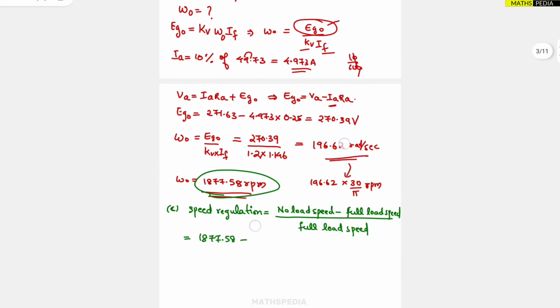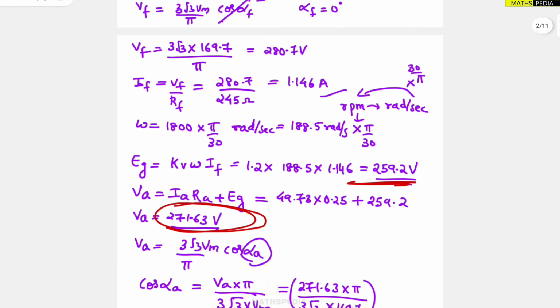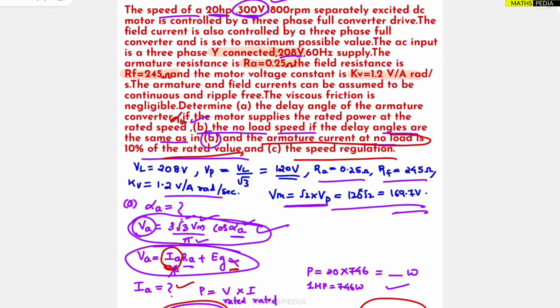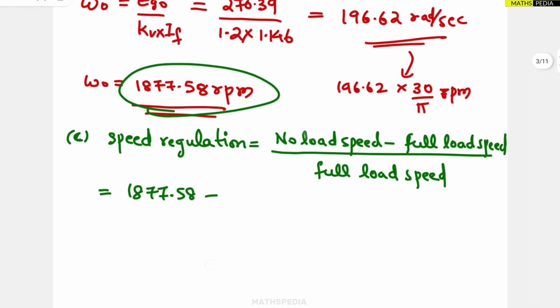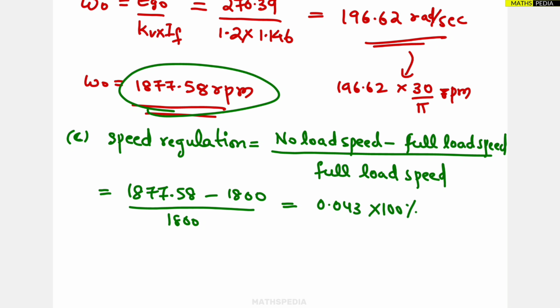Full load speed is nothing but the rated speed given in the question, the maximum speed, so 1800 RPM. Divided by 1800, we get 0.043. Multiply by 100 to get it in percentage: 4.3%. So this is the speed regulation.